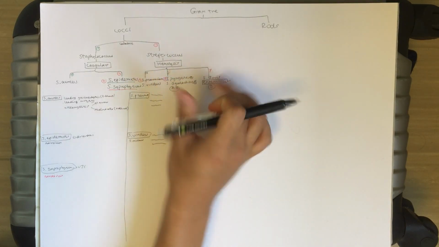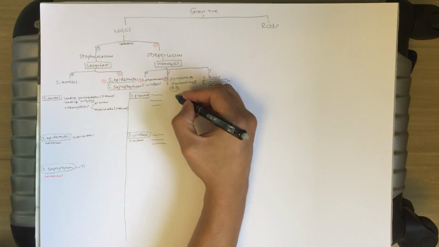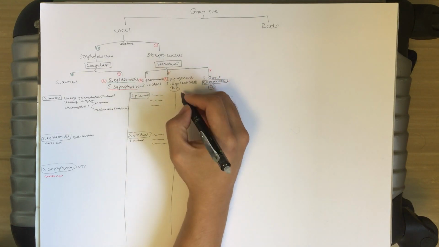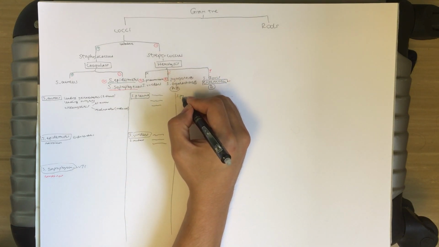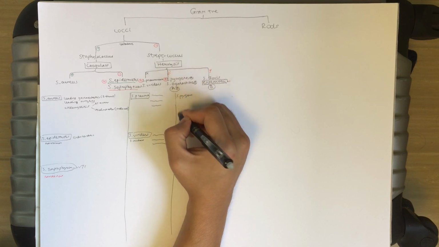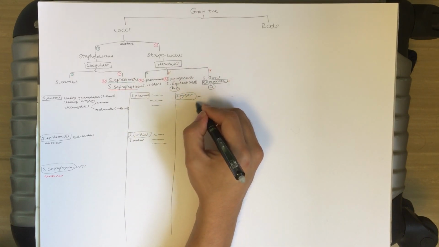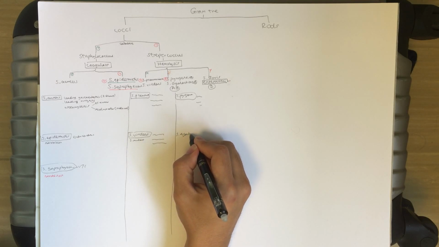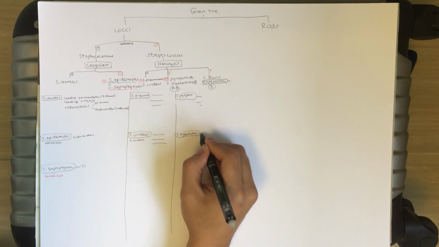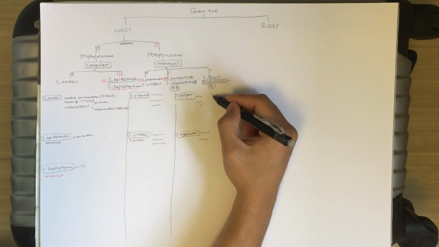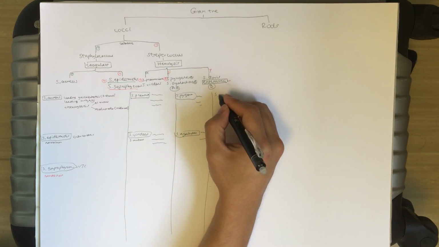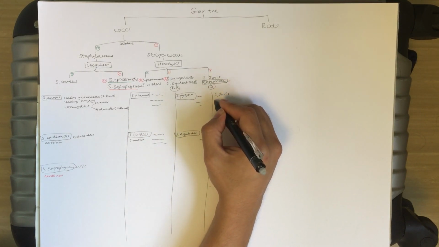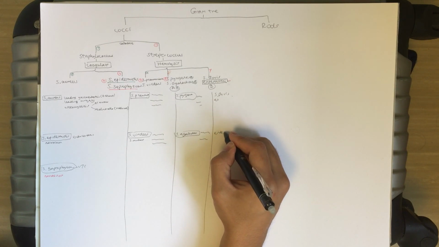Okay, so I should have made this bigger, but you write whatever here, and then you're going to have another thing, and you're going to write Strep pyogenes here, put it in a box, and you write information, and S. agalactiae, put it in the box, and then you write information here, and then you do the same over here, bovis and enterococci.